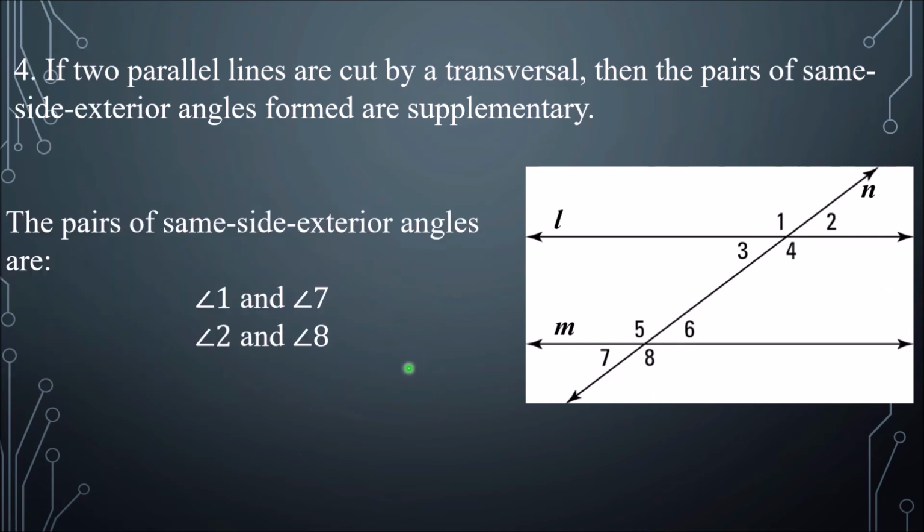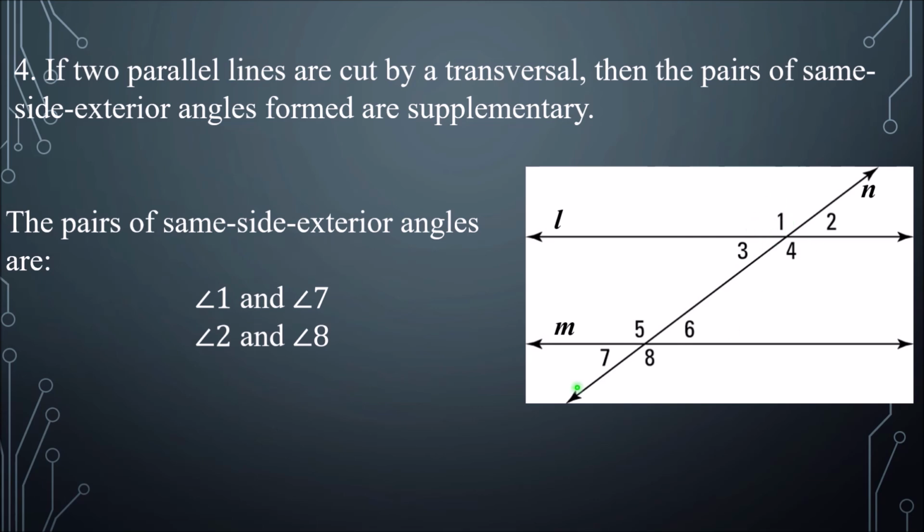Let's have the last pair of angles. Same side exterior angles. So we have if two parallel lines are cut by transversal, then pairs of same side exterior angles formed are supplementary. So same side exterior, same side of the transversal, just like 1 and 7, and outside of the parallel lines.